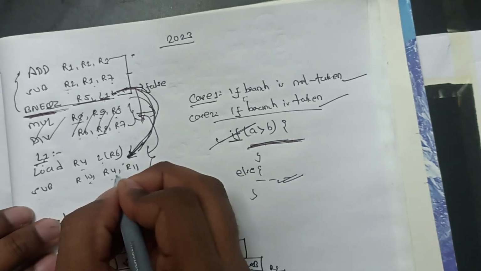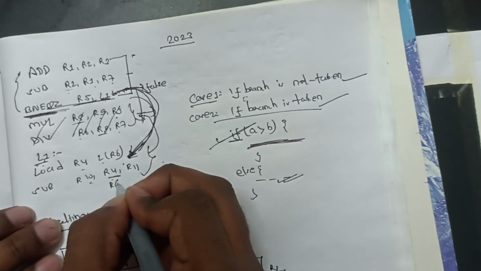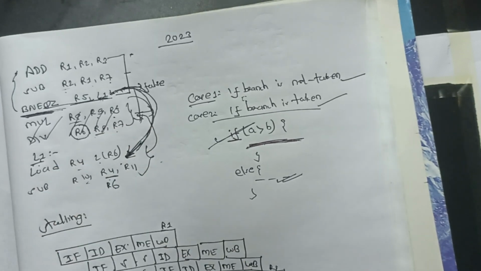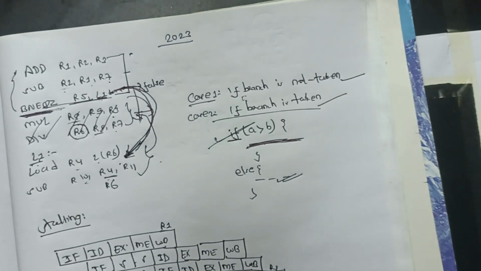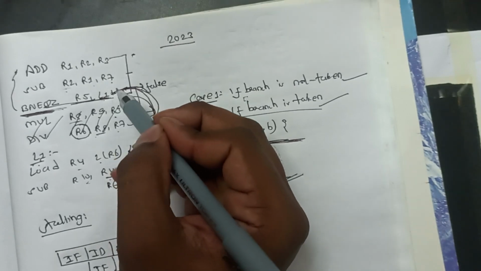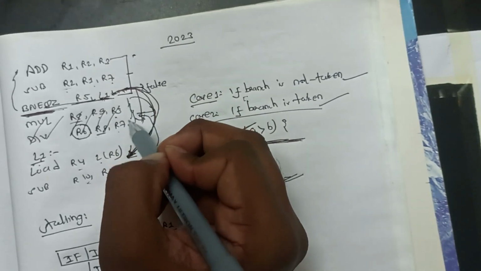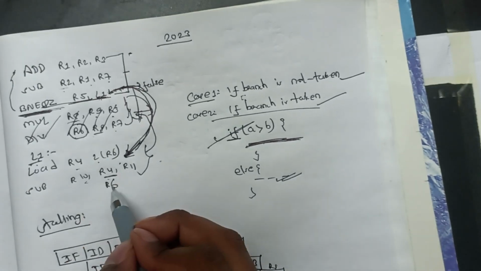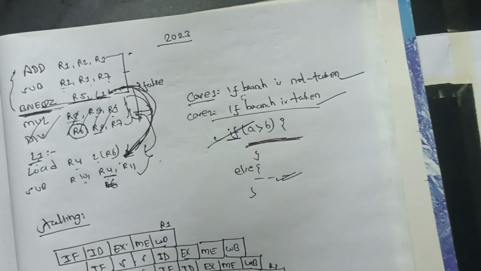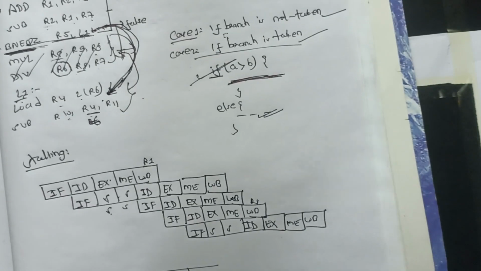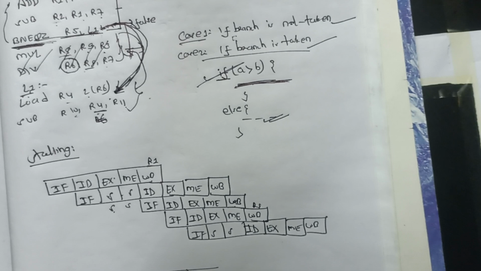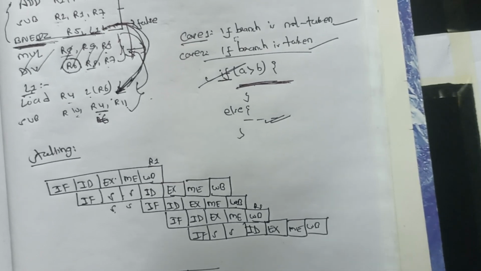Suppose instead of R4 there is an R6, which is dependent on the skipped statement. But if the condition is true, those two statements are not going to execute, so there is no dependency. Please be clear. R4, R11 is a dependency? No, simply IF, ID, EX, ME and WB.